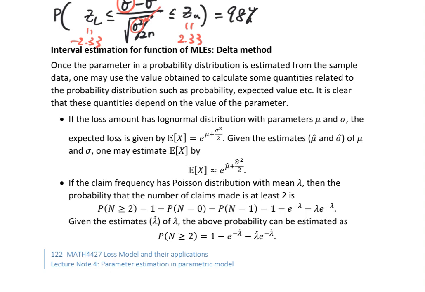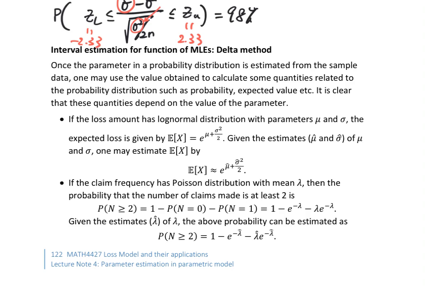Once we have some idea about how to estimate the parameters in your distribution function, we can use it to study our loss model. For example, say you have a loss amount in an accident which follows a certain distribution.